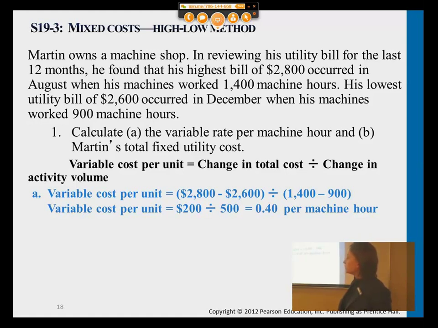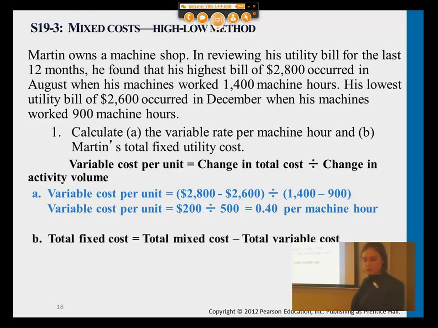Okay? So what I did, I took the highest amount that I paid, I subtracted the lowest amount that I paid, and then that difference I divided by difference of the volume from the highest to the lowest, yeah? Okay, good. Now we need to find our total fixed costs. So my total fixed cost is the mixed cost minus variable cost.